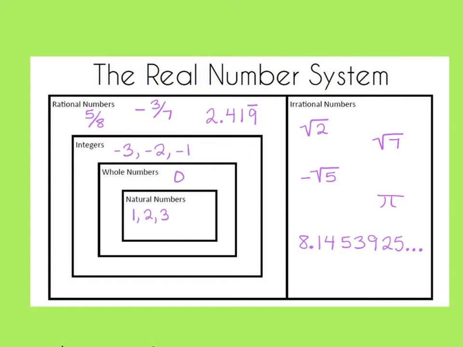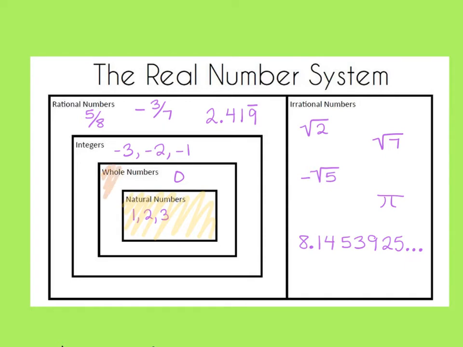If you look in the boxes, the smallest box in the middle are natural numbers. 1, 2, 3. When you first learned about numbers and you started counting, you counted your natural numbers. 1, 2, 3. After you learned how to count, you later learned about this number 0.